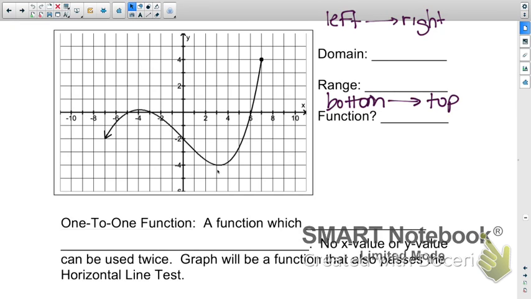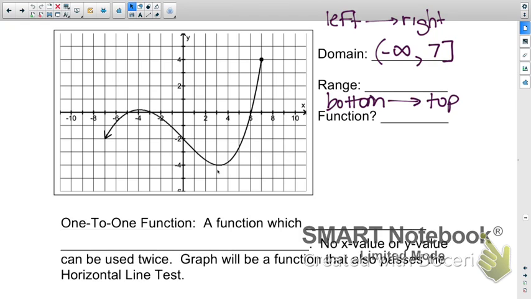Negative infinity. Good. So my domain starts with a parentheses and a negative infinity, and then I follow my graph all the way to the right-hand side. All the way on the right, it does end at a particular point. All right, where is that point and what is its value that we're going to use? 7. We use the x value, right?